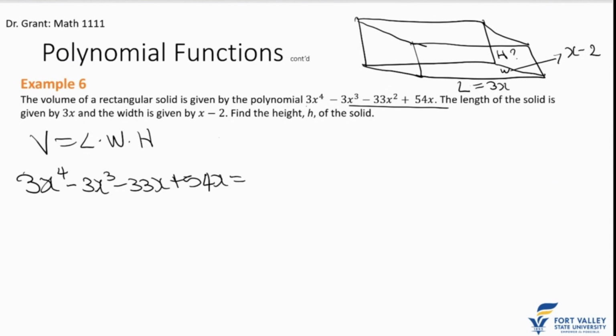That's equal to my length, which is 3x, times my width, which is x minus 2. My height, I don't know yet. So if I want to find the height, I can divide both sides by this 3x times x minus 2.